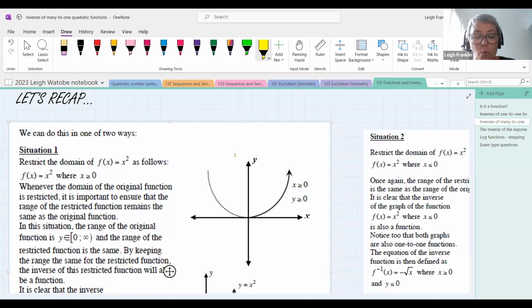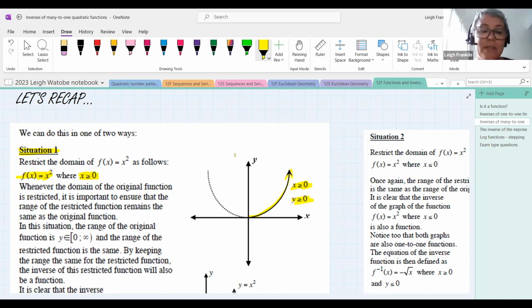When we restrict the domain, we are either looking at where x is positive or where x is negative. So in this situation, we are considering the graph f of x equals x squared, and we're only considering that region of the graph where x is greater than or equal to 0. Here x is greater than or equal to 0, and y is greater than or equal to 0.